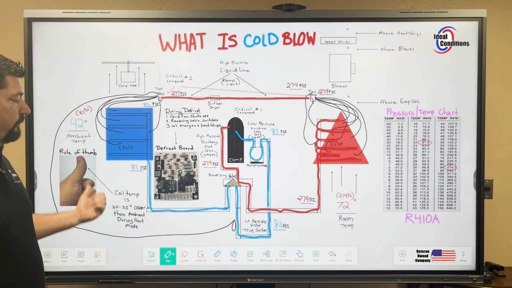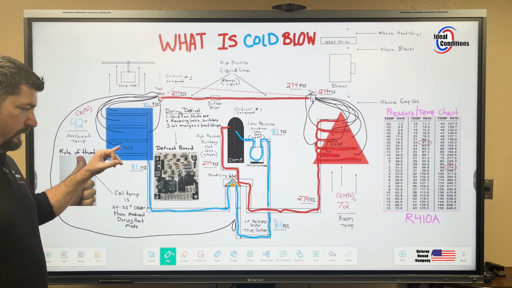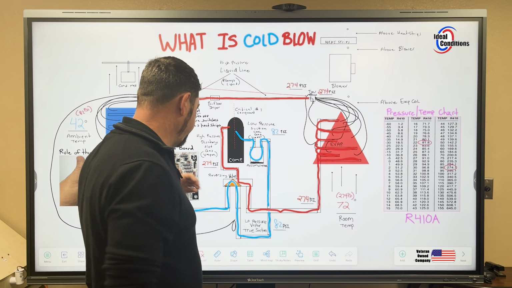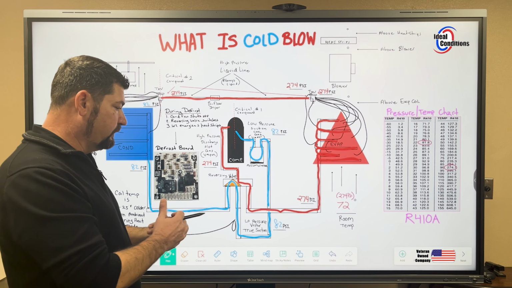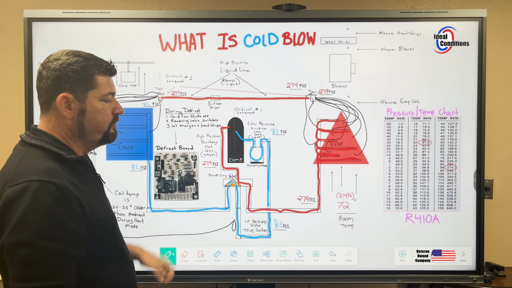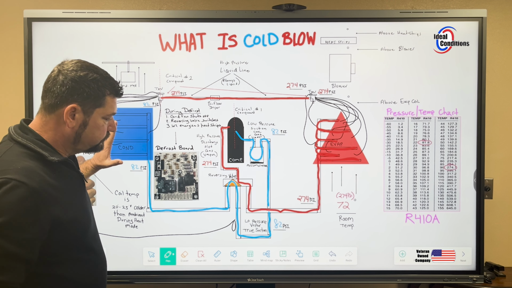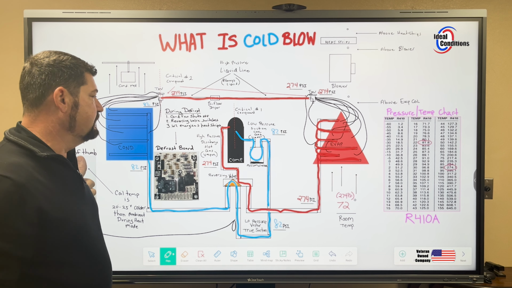If it needs to go through a defrost cycle before then, it'll go through a forced defrost cycle based on the defrost temperature sensor closing, allowing 24 volts back on the DFT part of the board because the sensor closed on temperature fall because too much ice formed around that sensor. And we're going to have tons of videos on defrost control boards where we'll cover all that in detail.